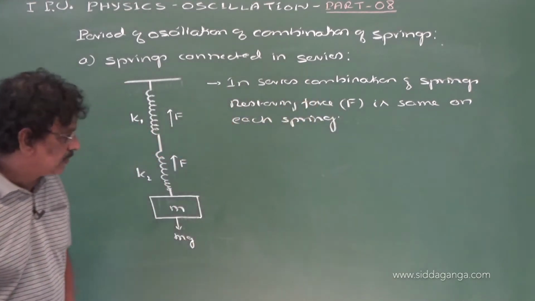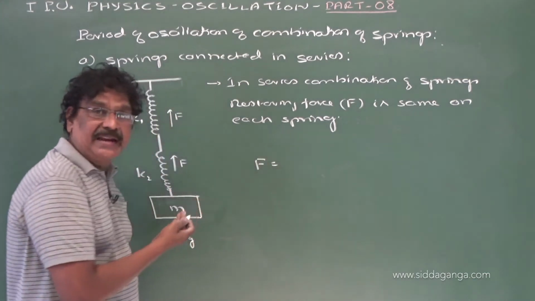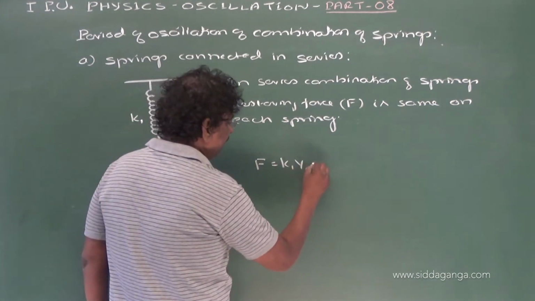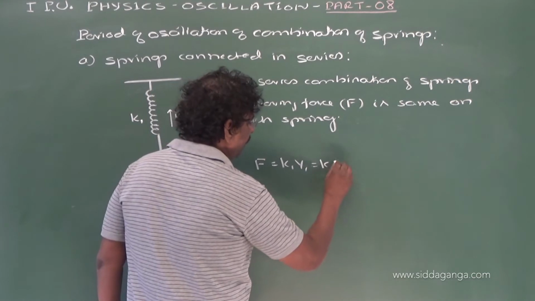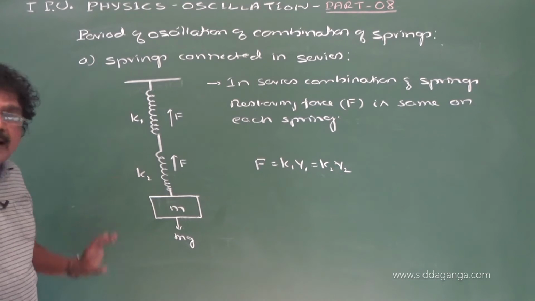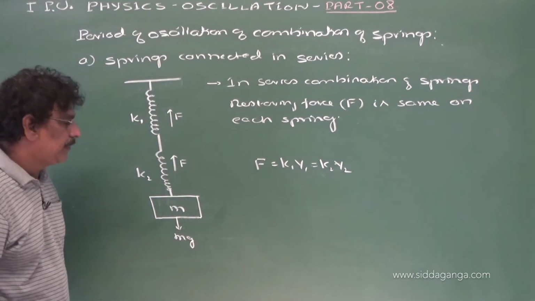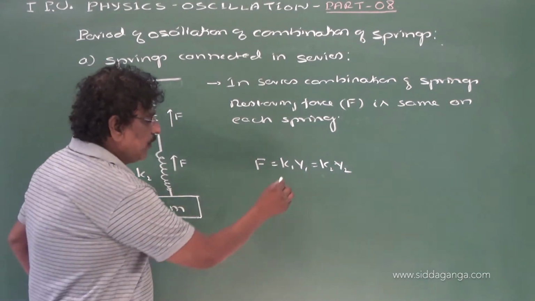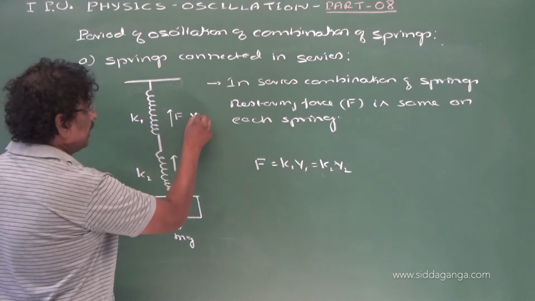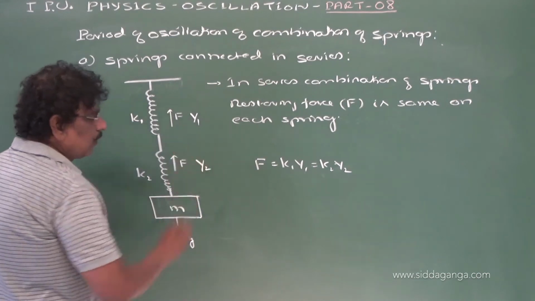But we know that F is equal to, I am only taking the magnitude, neglecting the negative sign, K1 Y1 is equal to K2 Y2. Since K1 and K2 are two different values, Y1 and Y2 are different. The displacement here is Y1 and the displacement here is Y2.